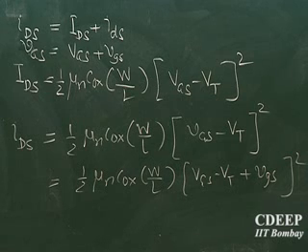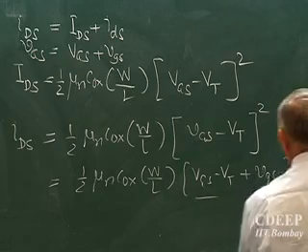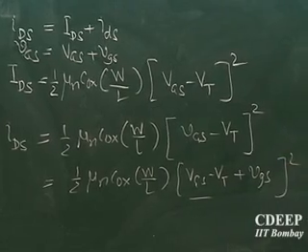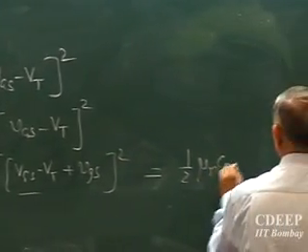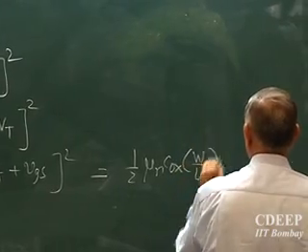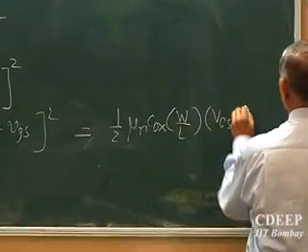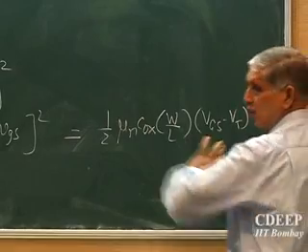Is that okay? Now I collect the terms and represent this finally; just look at the way this has been done. I take (VGS minus VT) square out from here, so I get half mu n Cox W by L times (VGS minus VT) square.